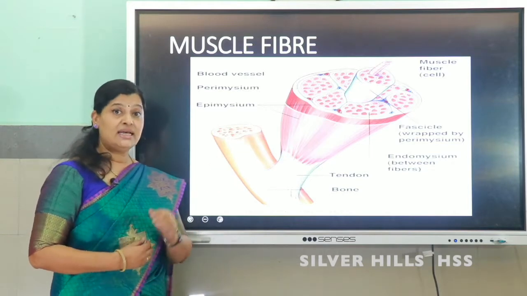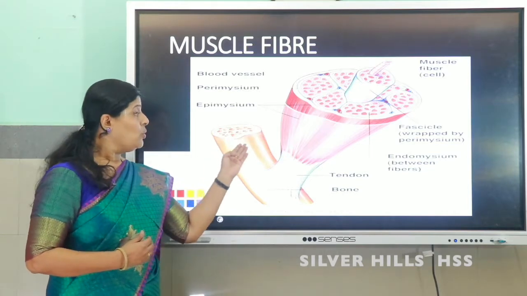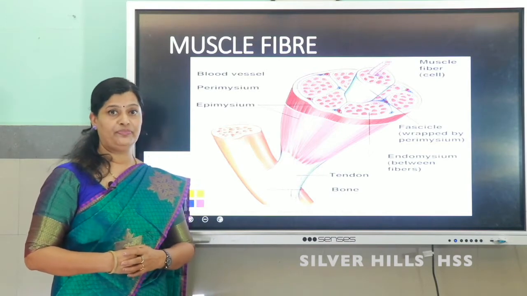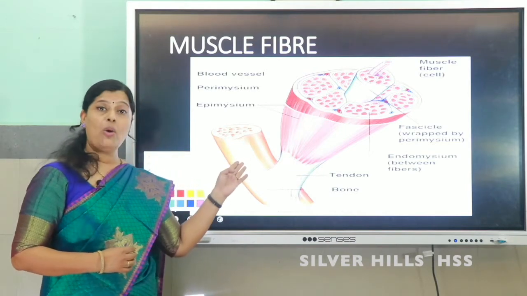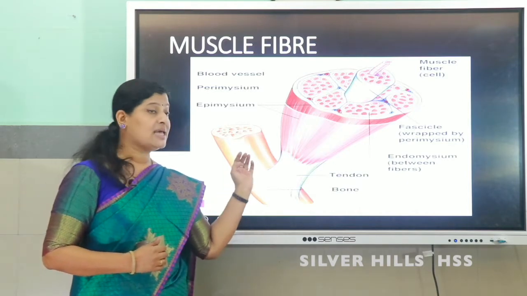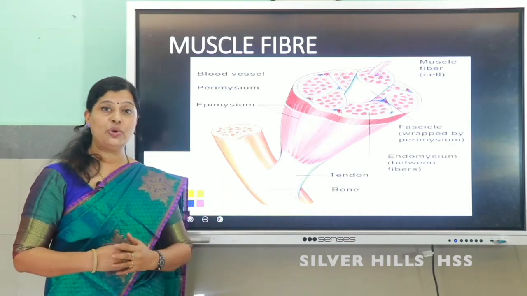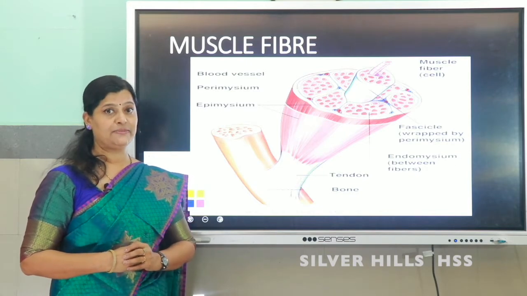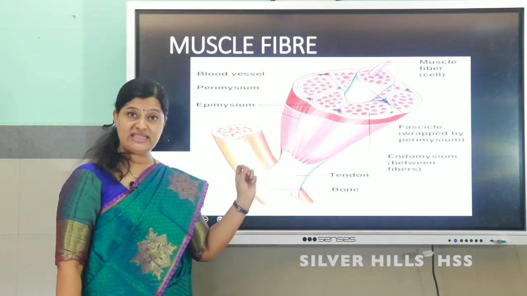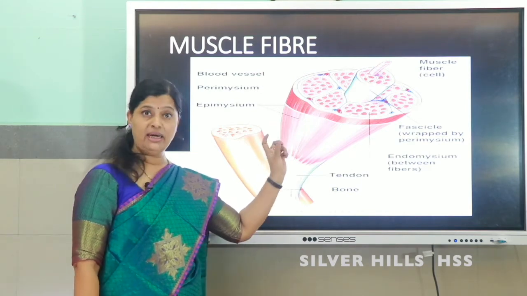They have endoplasmic reticulum which is called sarcoplasmic reticulum, and this sarcoplasmic reticulum stores calcium ions. That is about the structure of a muscle bundle.